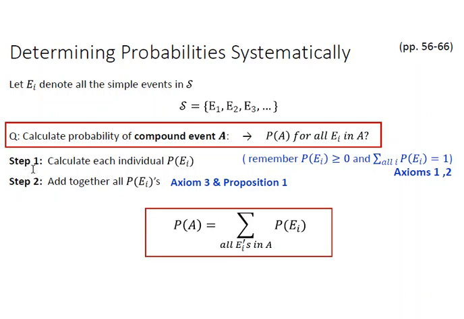Step 1: at first we should obtain the probability for each Ei. And then by adding together the probabilities of the Eis that are in the compound event A, we can obtain the probability of A.